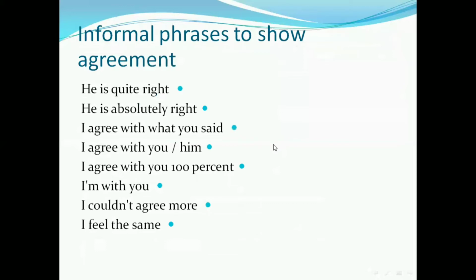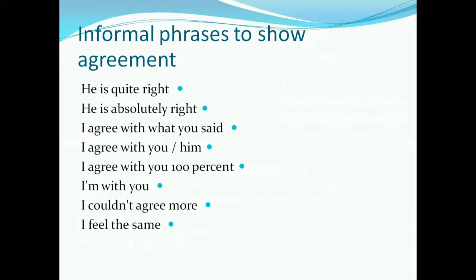Now, we are going to learn phrases, not adjectives, phrases to show agreement. There are formal and informal. Informal, we can use to chat with our friends, maybe family, and people in general.